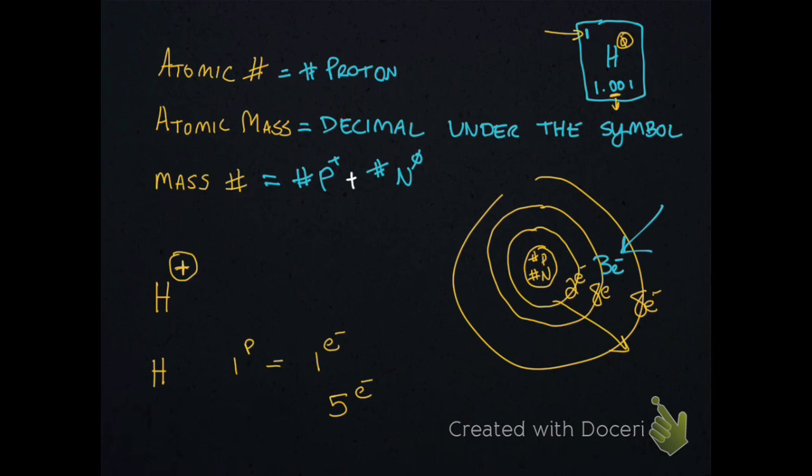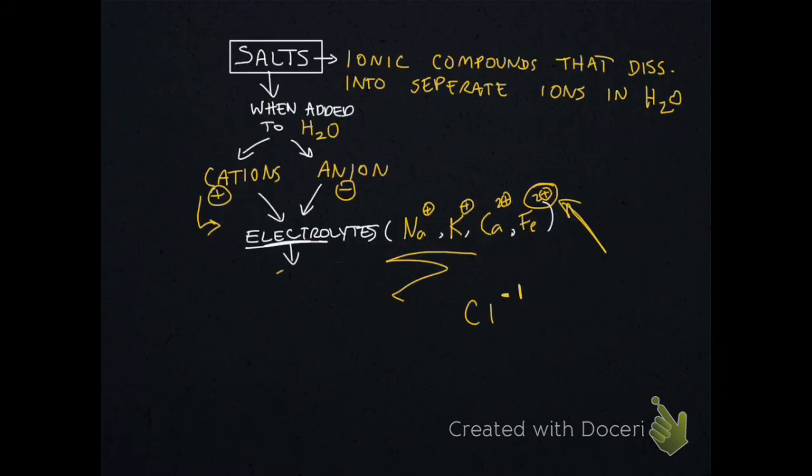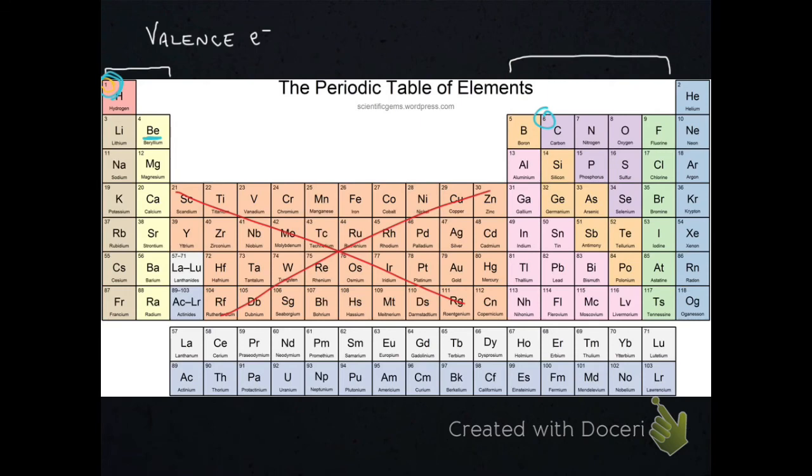You can check this by looking at the periodic table and looking at the column that the element is in. So here in this first column, you will have 1 valence electron in the outer shell, 2 for the second one, and then it skips over here to 3, 4, 5, 6, 7, and 8. And that works for all of them except for helium, because its atomic number is 2.